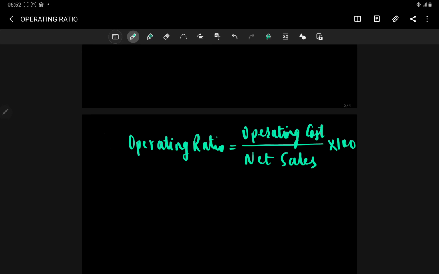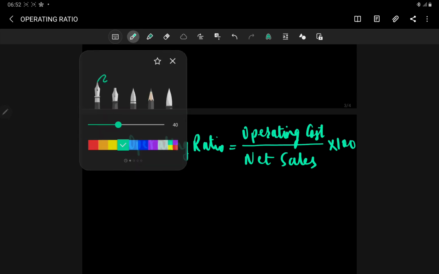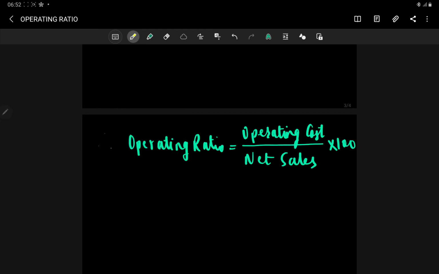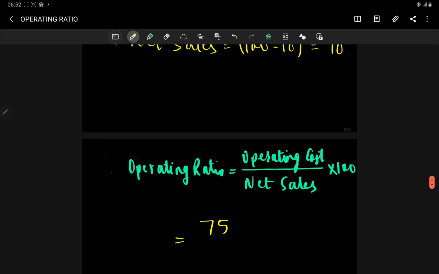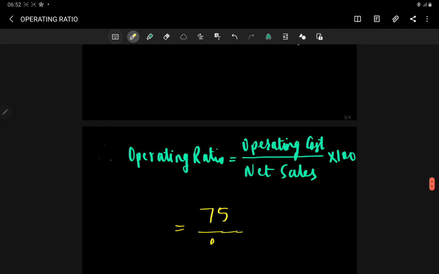This is the formula for operating ratio. So operating cost we got was 75, divided by net sales, which is 90, into 100. When you calculate this, you will get 83%. So the operating ratio for this entity is 83%.